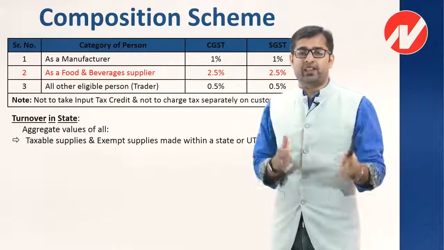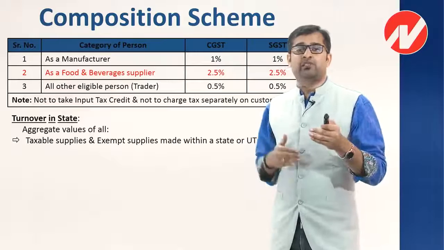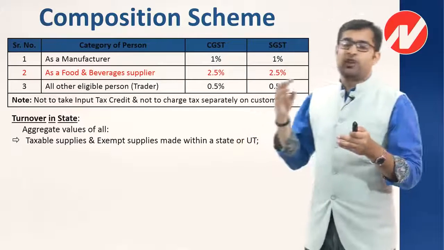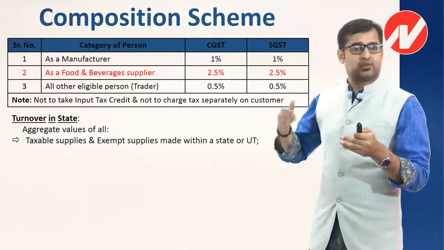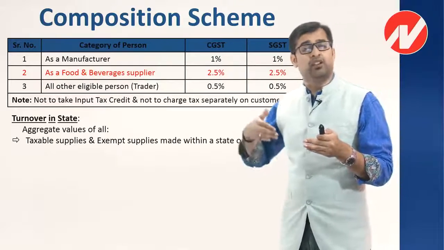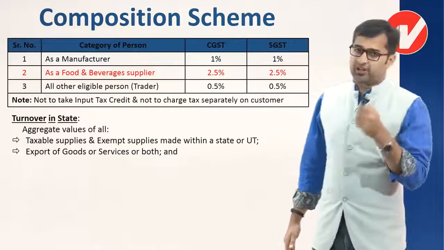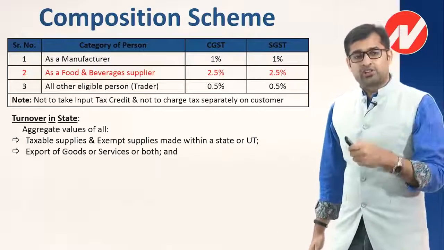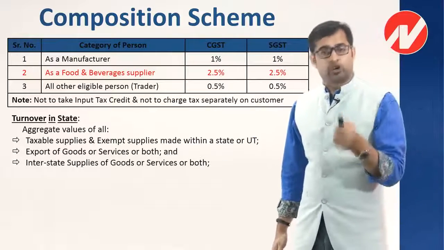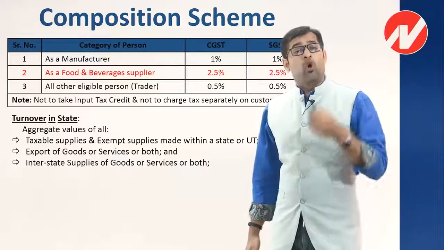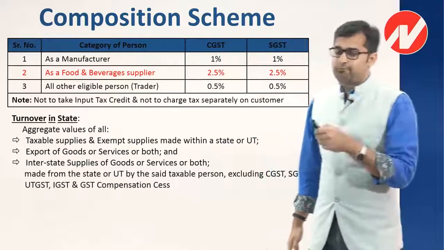So if you are working in a state, then taxable supplies and exempt supplies made within a state. And if you are working in a union territory, then taxable supplies and exempt supplies made in a union territory. Then it also says export of goods or services or both. And it also says interstate supply of goods or services or both of a person having same PAN.